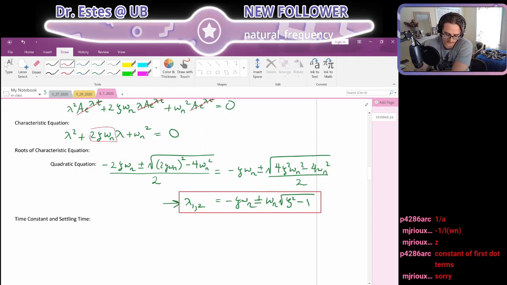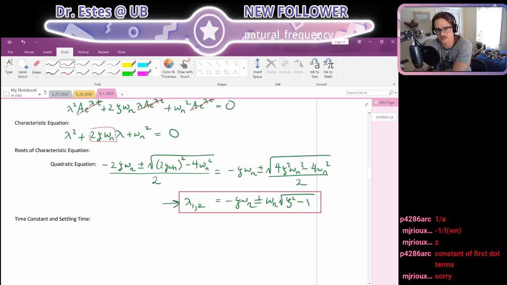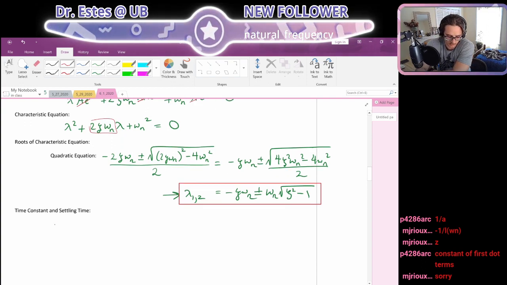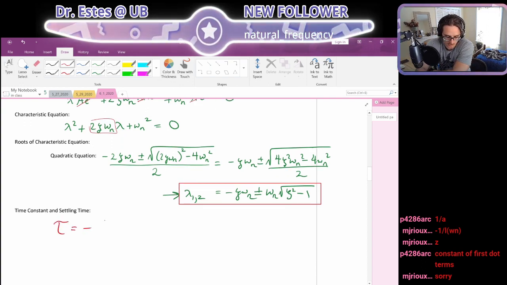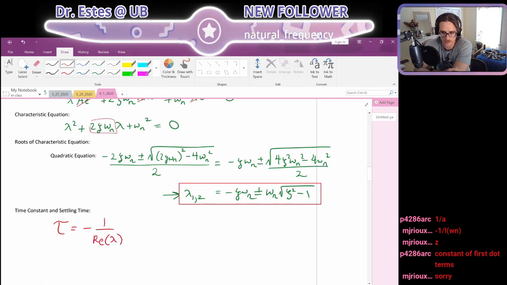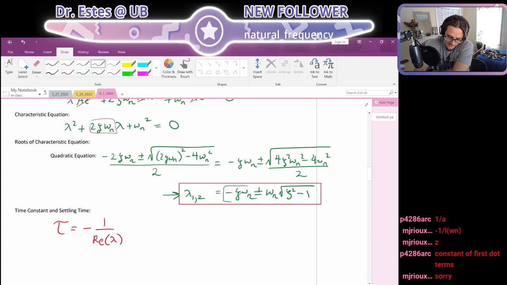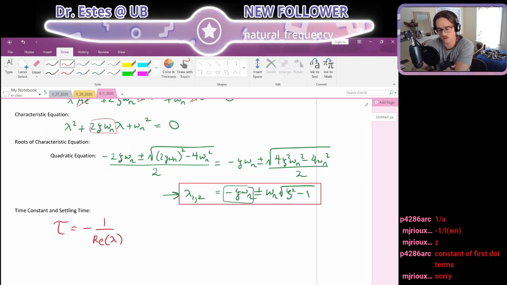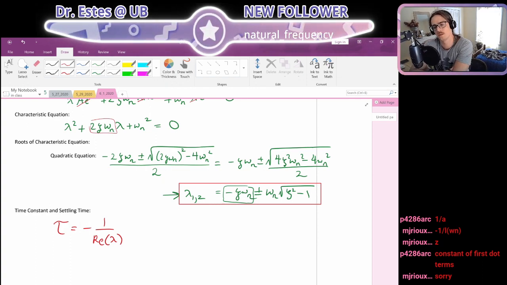MJ is right. So the definition of the time constant is always the same. Tau is minus 1 over the real part of my roots. So the real part is minus zeta omega n. Well, okay, actually, you know what?